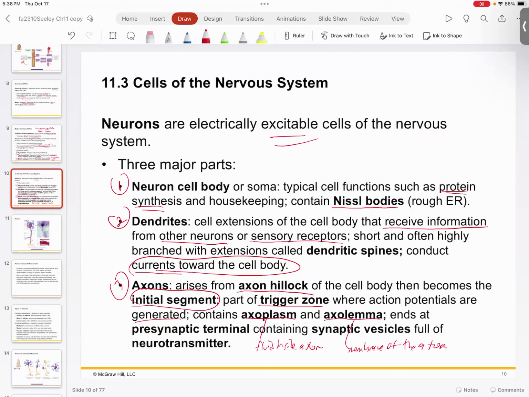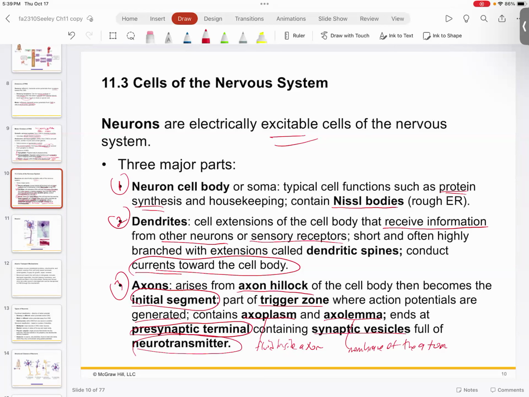So the axoplasm is the fluid inside the axon, and the membrane of the axon, which is essentially the plasma membrane, is the axolemma. This covers the axon all the way until it terminates in the presynaptic terminal. That's the end piece, where we see the synaptic vesicles and the synaptic cleft. This is where the synaptic vesicles full of neurotransmitter are held.